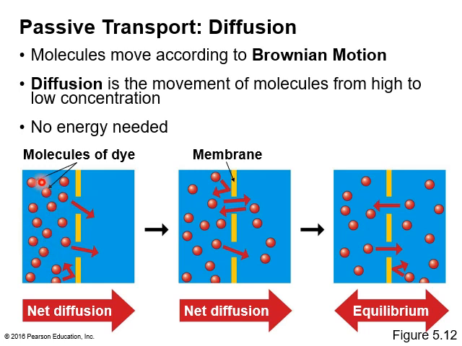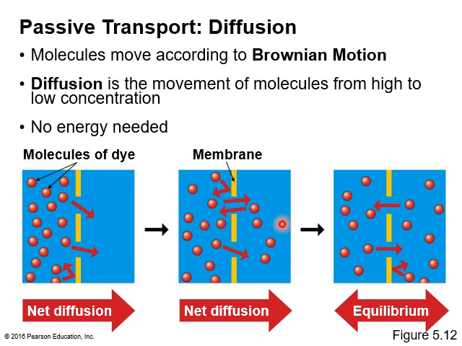They want to get from where they're in a high concentration to where they're in a low concentration. On the inside of the cell, there are no molecules of dye, so they're going to try to move to the inside of the cell. And that's what they're actually going to do. There's going to be some movement in and out of the cell, but for the most part, the diffusion is going to be going into the cell from where there's a high concentration to a low concentration.